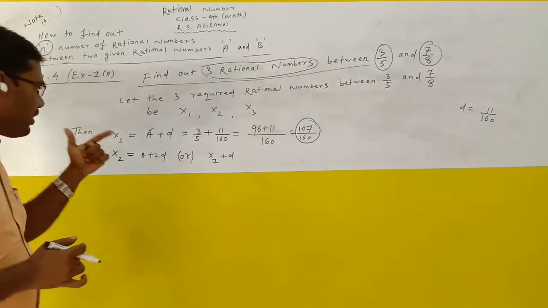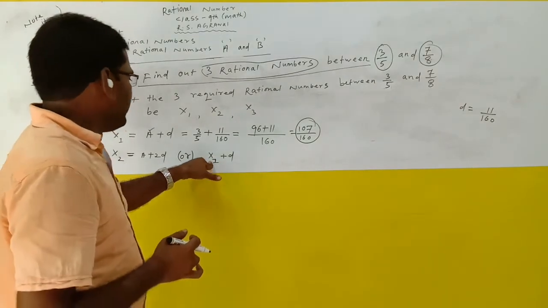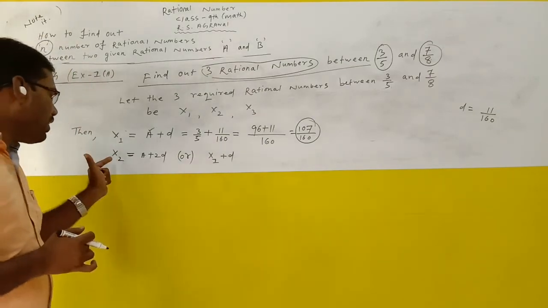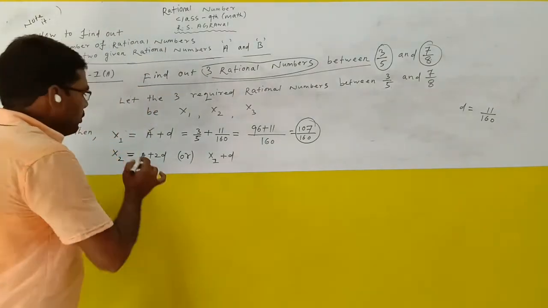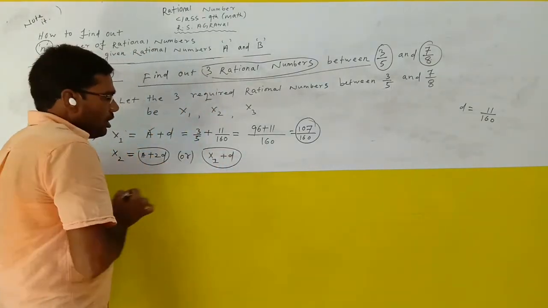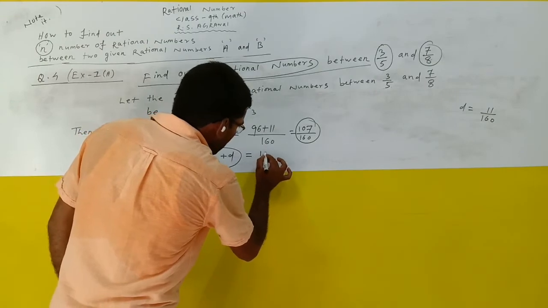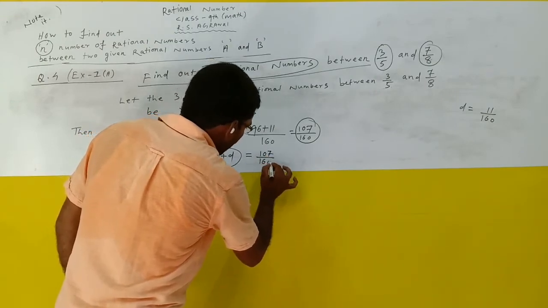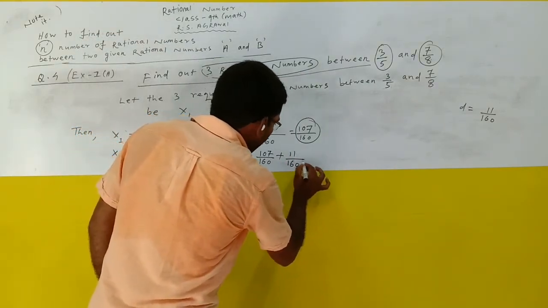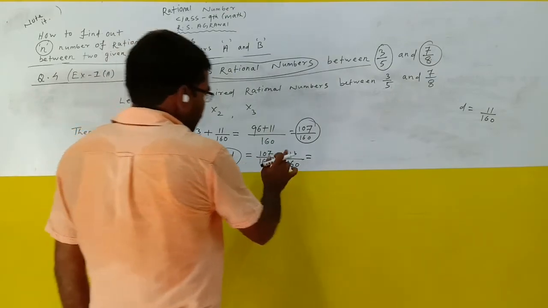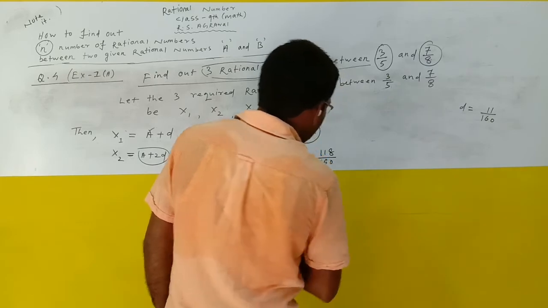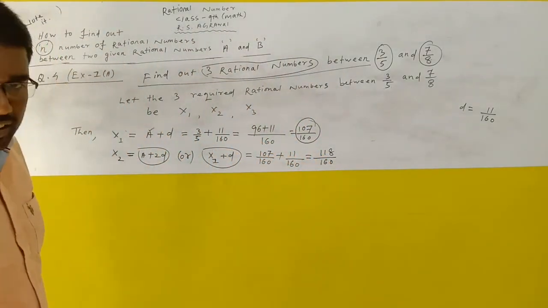So when the common difference is added to x1, then you will get the next rational number, that is x2. So in order to find the value of x2, you can use a plus 2d or you can use x1 plus d. So the value of x1 equals 107 by 160 plus the value of d, 11 by 160. And finally you got 118 by 160. It is the second required rational number.